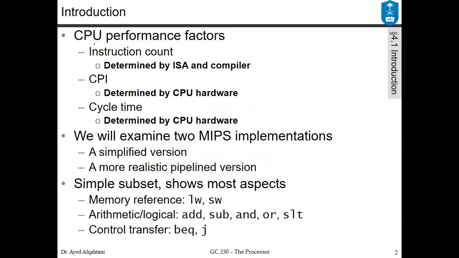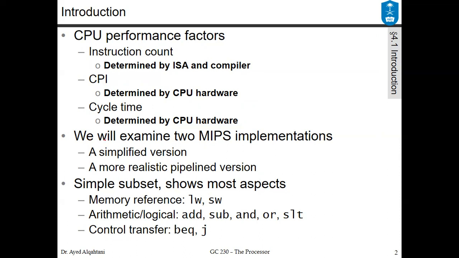We know that CPU performance has three factors: the instruction count, which is determined by the ISA and the compiler, the CPI, determined by the CPU hardware, and the cycle time, determined by the CPU hardware as well.